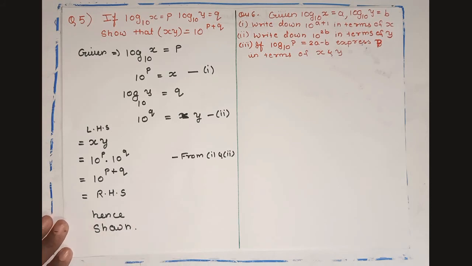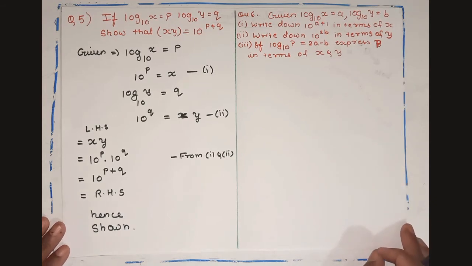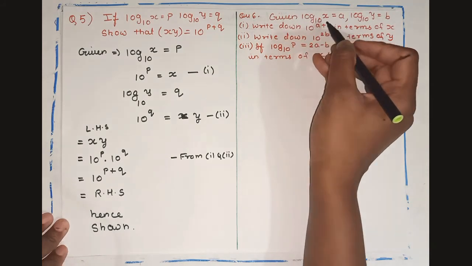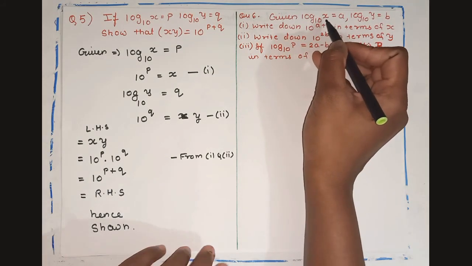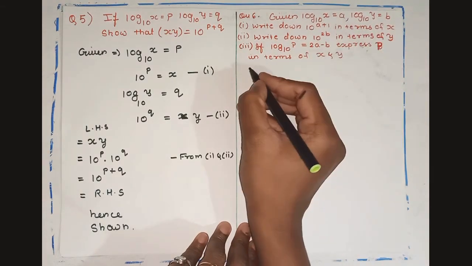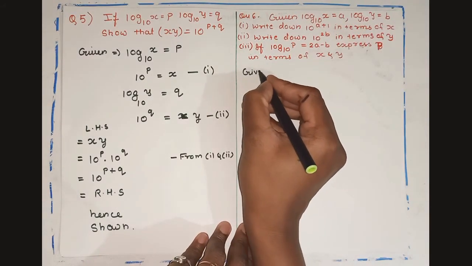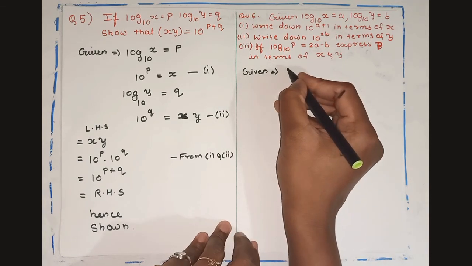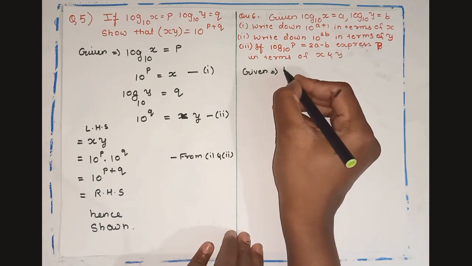Okay, in the same way, now see the next problem, question number 6. In this question it is given that log of x to the base 10 is equal to a. Again I will take my given part and convert it into exponential form.